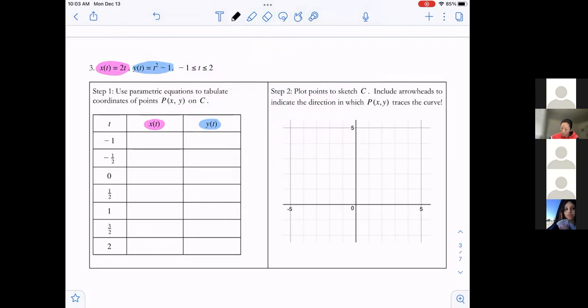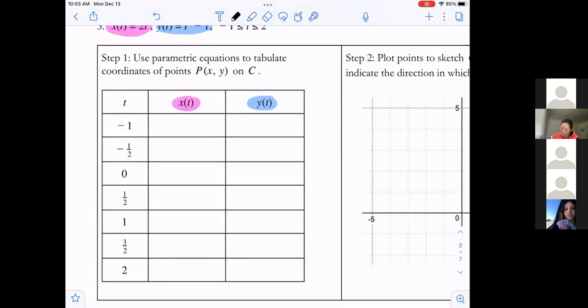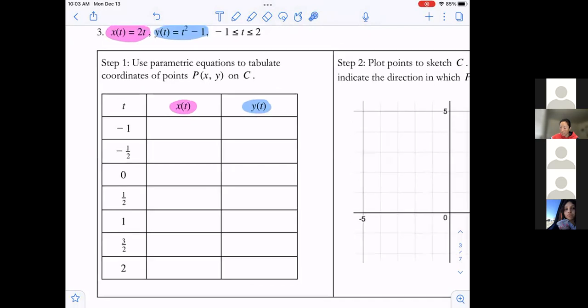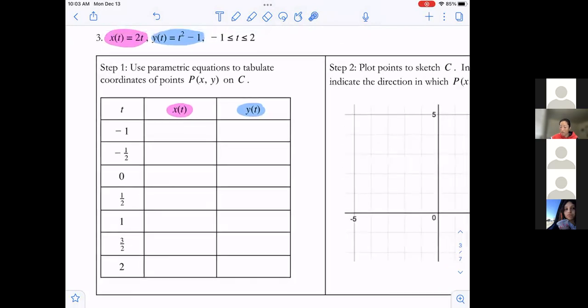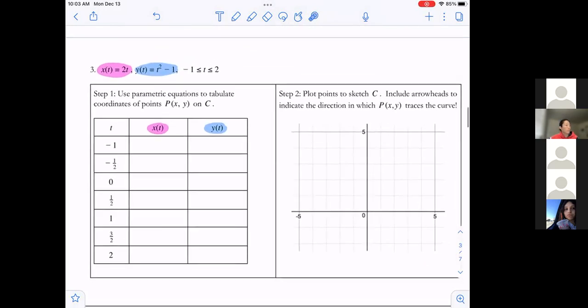Now, I would encourage you to make sure you're looking at these right here. All right, so I've given you specific t values here. And so we want to keep in mind that some of these we might have to be a little bit careful with when we're doing our arithmetic.